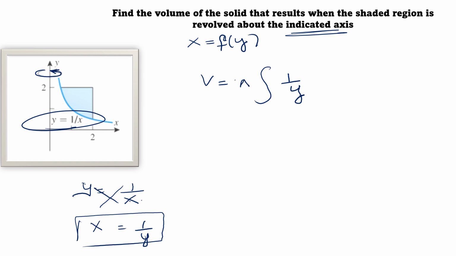Put the pi over here and don't forget to write the square. Since it is written in terms of y, we have to write the dy and do not forget to write this command. Now, the equation is written in the form of y, so we have to take the y values. So y values over here, it is 0.5 till the upper value, which is 2.